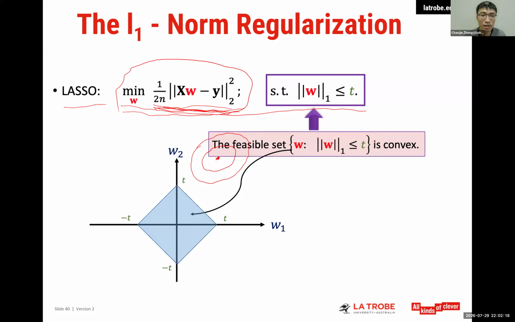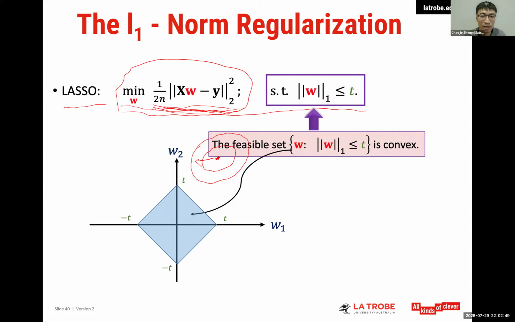If we keep drawing circles away from these central points, each circle represents a weight value set that can achieve the same loss function value. And the further the circle, the higher the loss function.